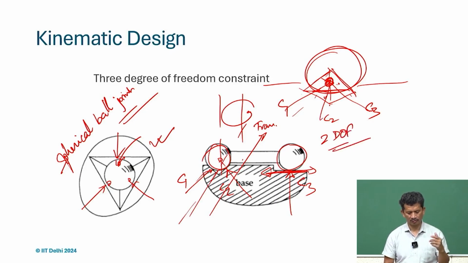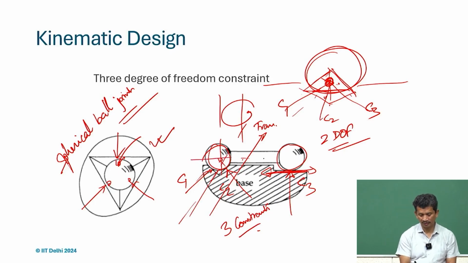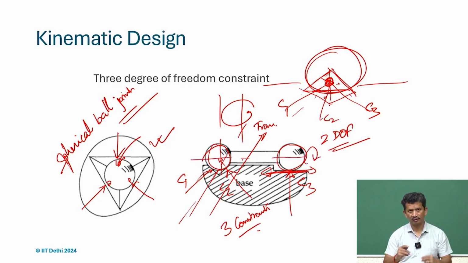So, 1, 2, 3 constraints. We said 2 DOF. Where is the additional one? We need to have 3 DOF. Another one is just the rotation along that axis.